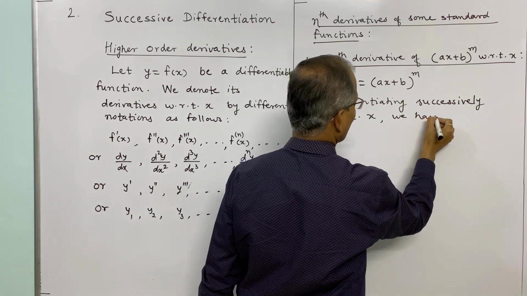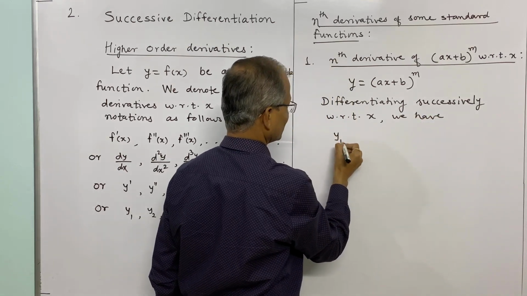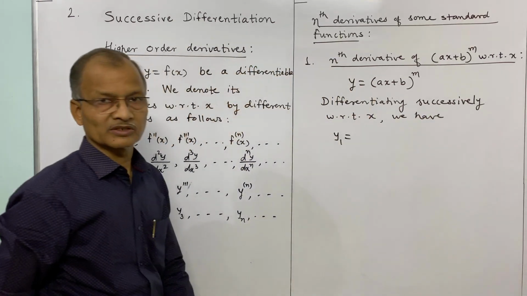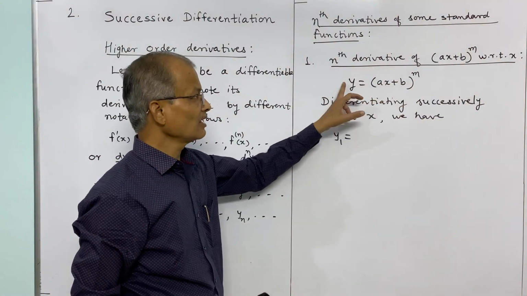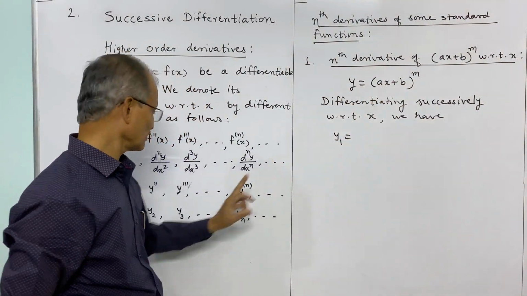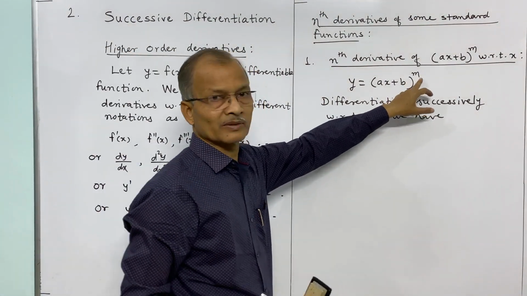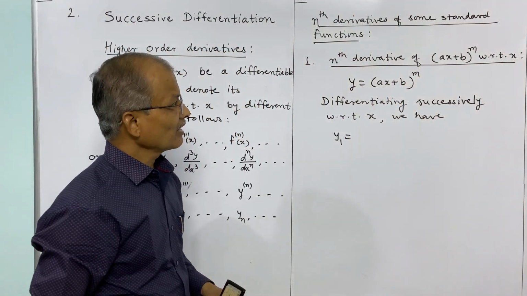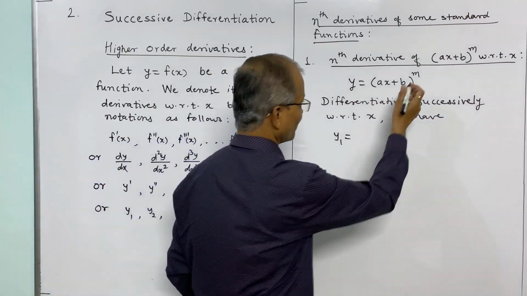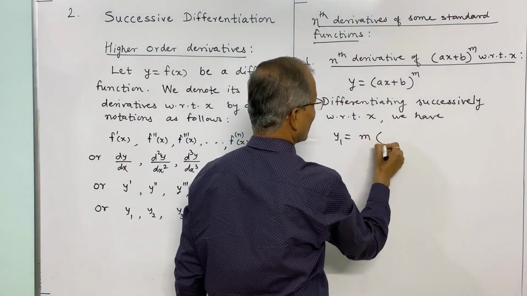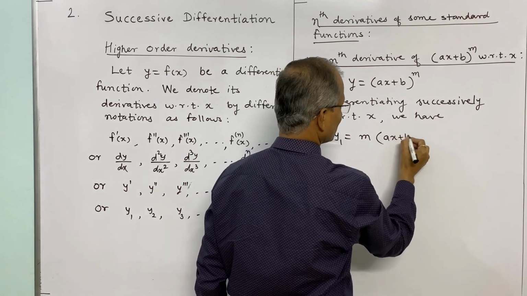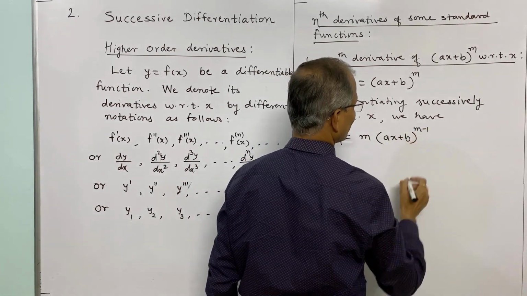Now see the first derivative. First derivative is y1, derivative of this. Differentiate both sides with respect to x. Derivative of y is dy by dx, or that is same as y1. And on the right side, this is the power function, ax plus b to the power m. Using the power function formula, we have the derivative as m times ax plus b to the power m minus 1.